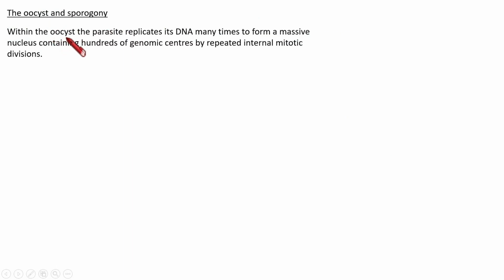Within the oocyst stage, this parasite replicates its DNA. It replicates its DNA many times, and as a result a massive nucleus will form here.